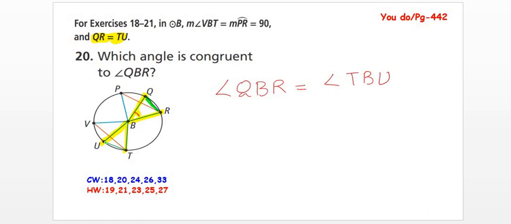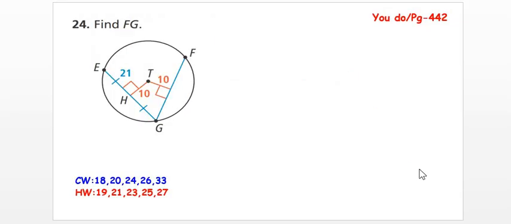This chord is equal to this chord UT, because these two chords are equal. That's why the arcs will be equal, and that's why the angles made by these chords at the center will also be equal. So we can say angle QBR is equal to angle TBU. Clear? Here is the next question.